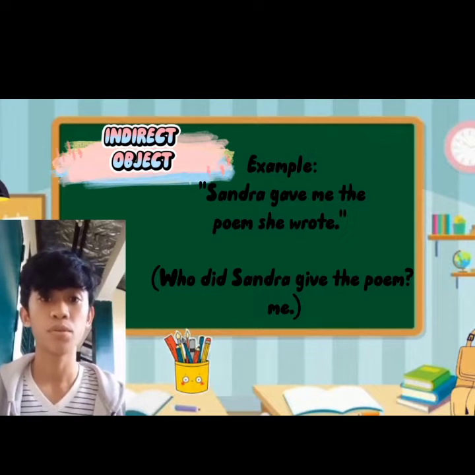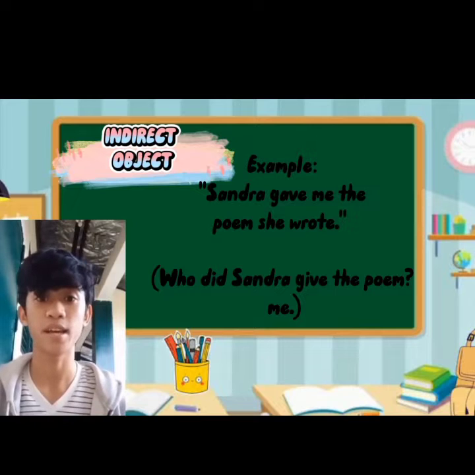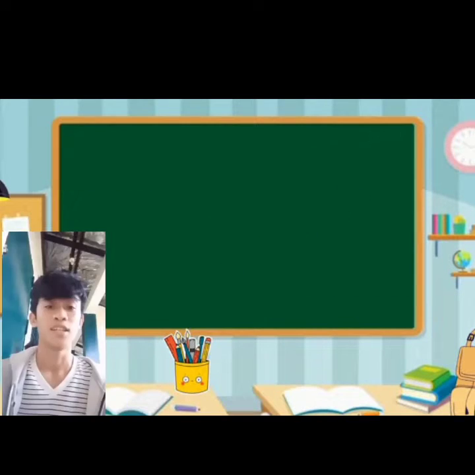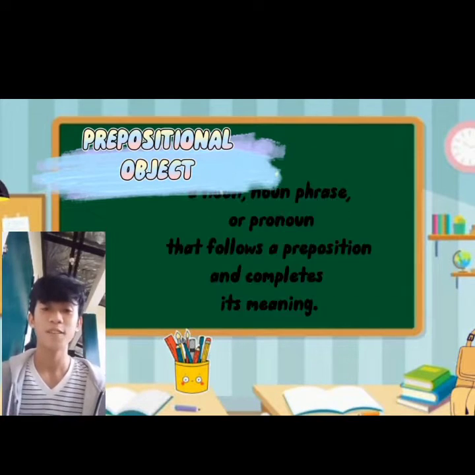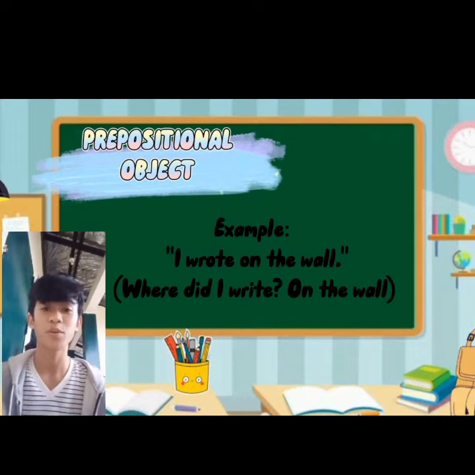So who did Sandra give the poem to? She gave it to me. That is the example. Prepositional object: a noun phrase or pronoun that follows a preposition and completes its meaning. Example: I wrote on the wall. So where did I write? On the wall.